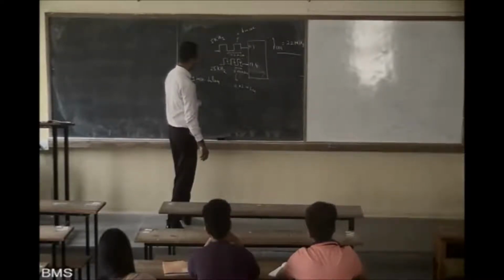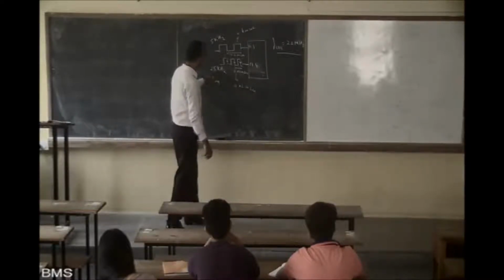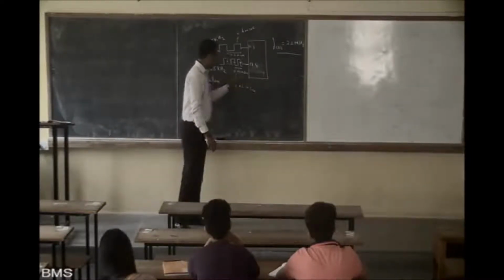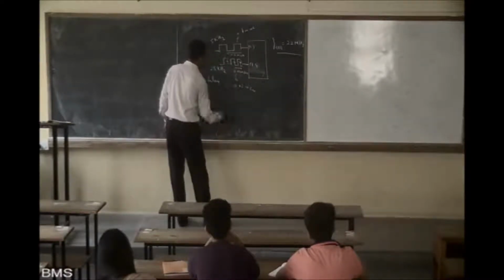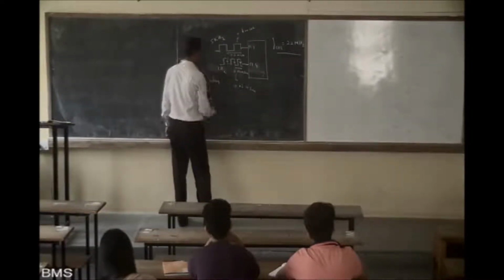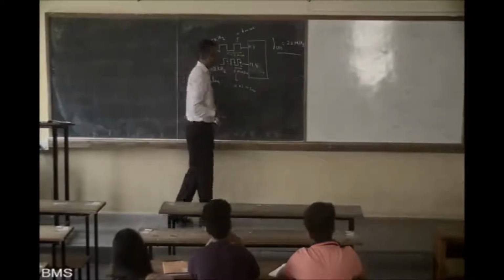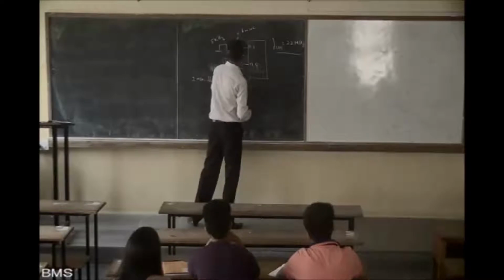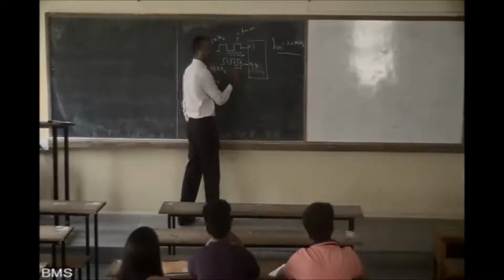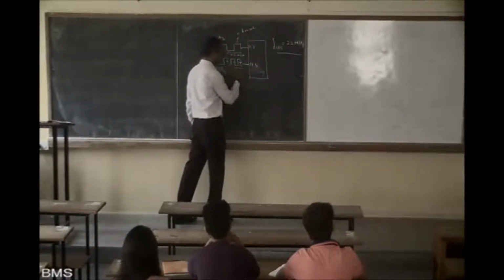What is the easiest way to explain this now? If I make it 10 kilohertz, this will be 0.1, and half of this is 0.05 millisecond. Let us go for the easiest one. We will just see, without interrupt, can we do this?